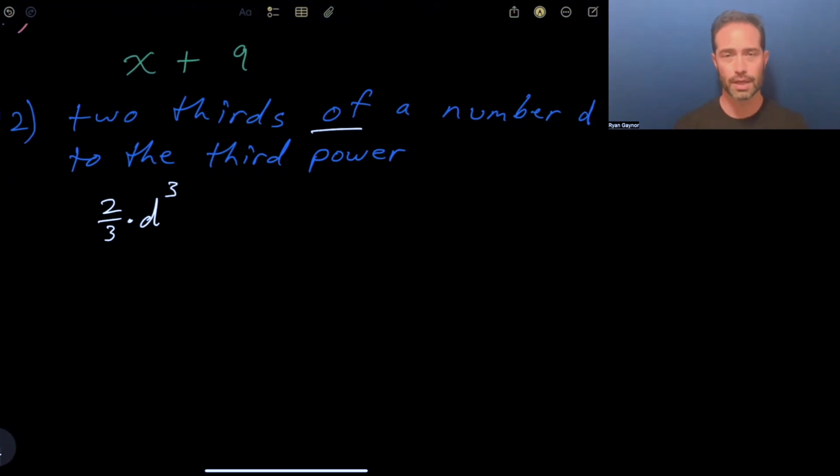Okay, great question. So if they had said something like this, the quantity of 2/3 and a number d to the third power, then that would mean that we would put parentheses around the whole thing and then raise that all to the third power. But because they didn't say the quantity, then we don't do it. All right, and of course, another way you could just write this is just 2/3 and then d cubed, right? Third power means cubed.